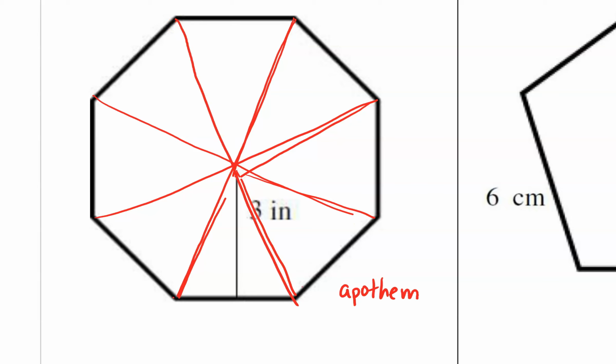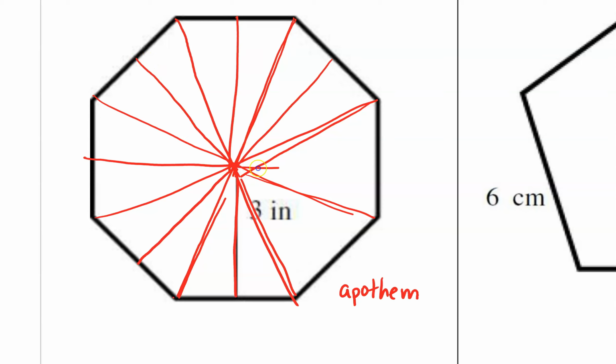Right there we have one triangle for every side, but those aren't right triangles. To find this area, I'm going to want to split each of these in half and think about that there is a right triangle, 2 for every side. Here's a right triangle, here's a right triangle. Each one of these is now a right triangle.